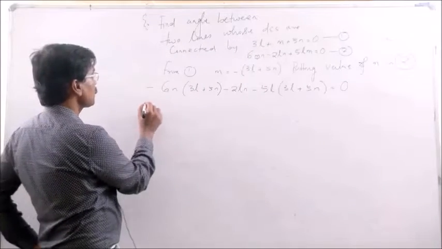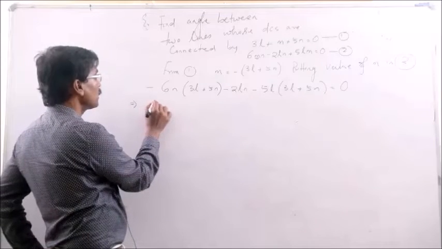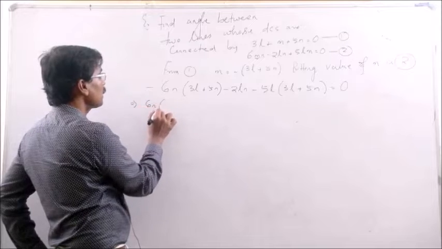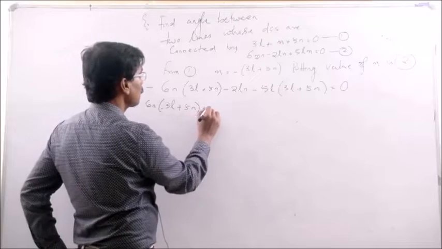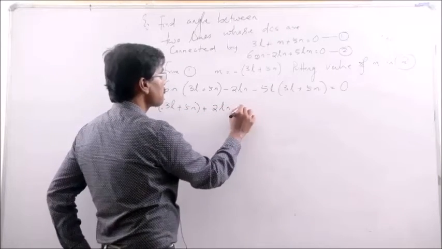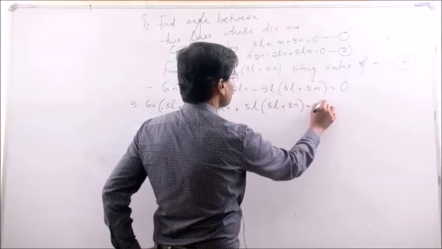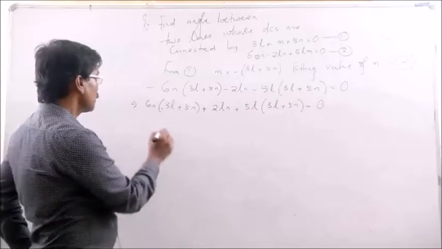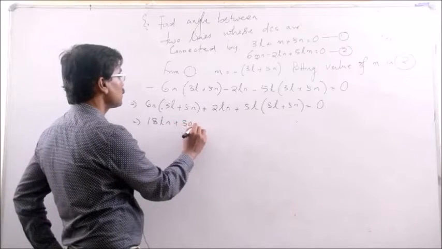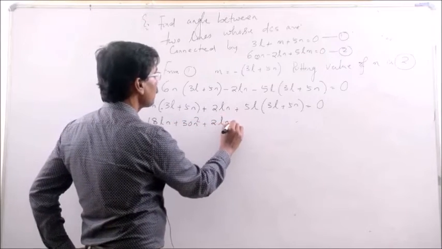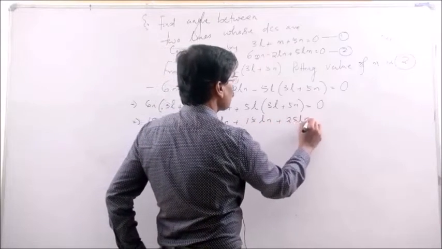So, on simplification, taking minus common, that is 6n into (3l plus 5n) plus 2ln plus 5l into (3l plus 5n) is equal to 0. Minus cancels out. So, which is equal to 18ln plus 30n square plus 2ln plus 15l square plus 25ln is equal to 0.